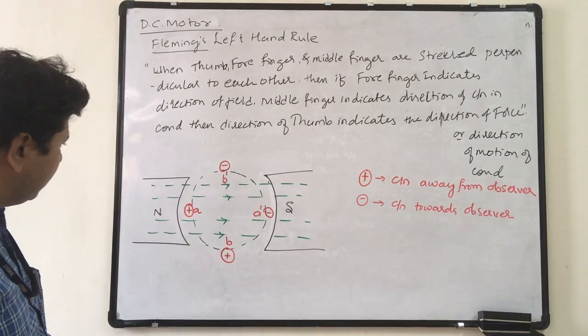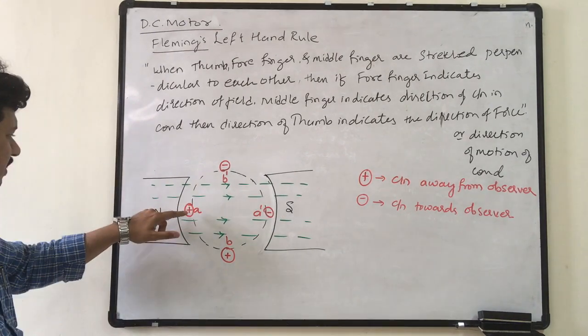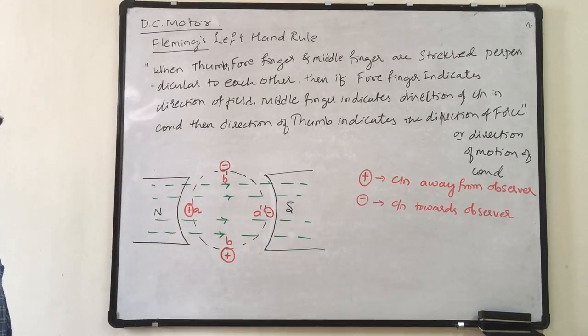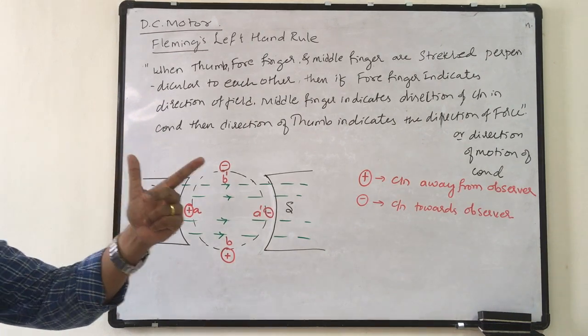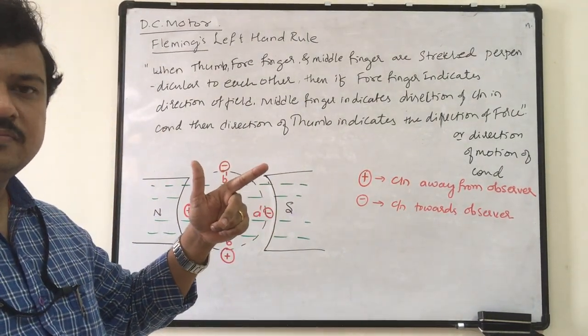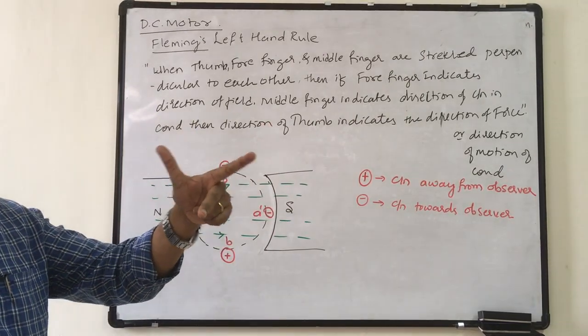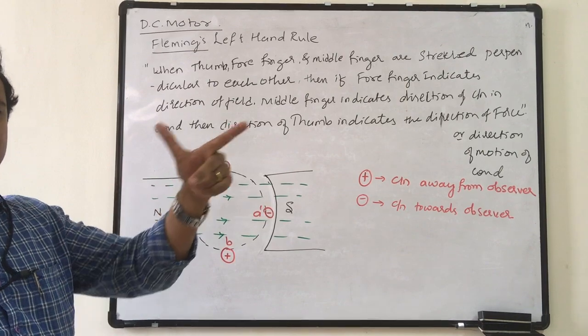Now let us take conductor A and apply Fleming's left hand rule. Stretch three fingers mutually perpendicular to each other such that the forefinger indicates the direction of the field.